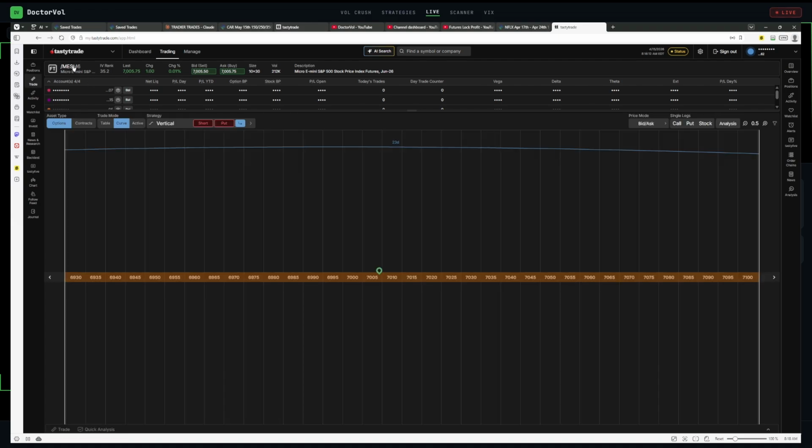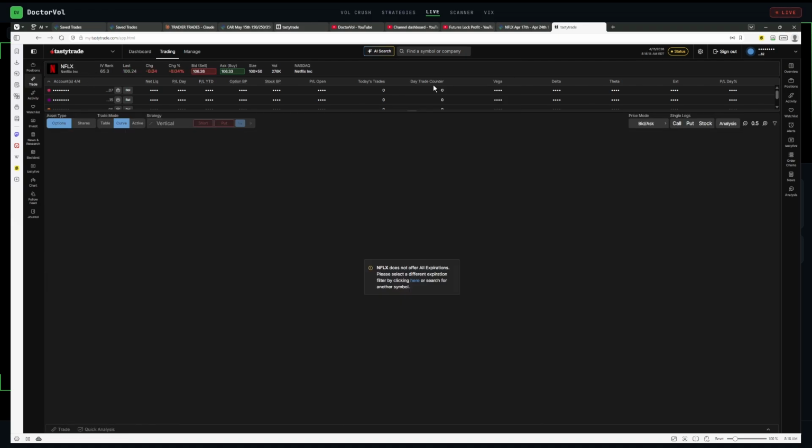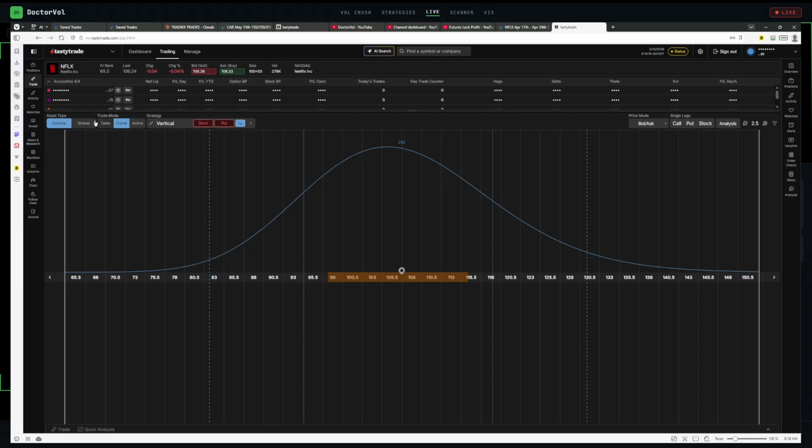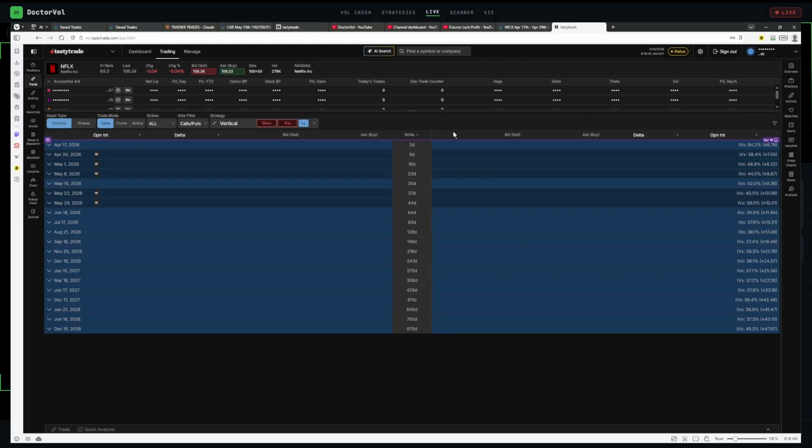Okay, let's pull up Netflix. All right. And what I'm going to do first is look at the expected move of Netflix within this expiration cycle. So in order to do that, let's pull up the options chain. We need to look at the table, and we're looking at the April 17th expiration cycle.